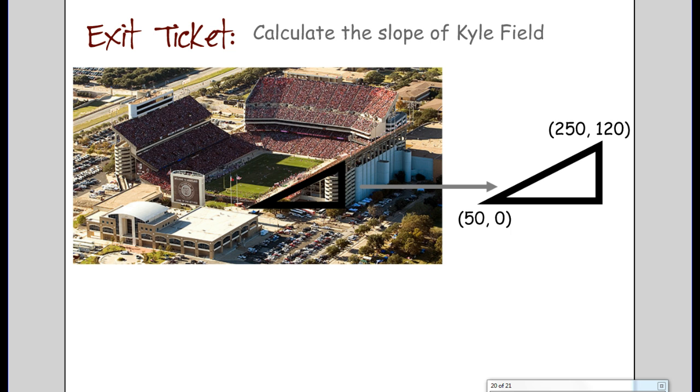Calculate the slope of Kyle Field. Delta y over delta x. When you get your worksheet, I only want you to do the evens.